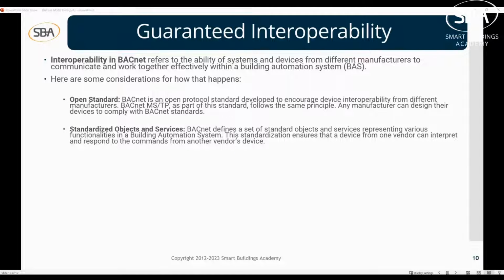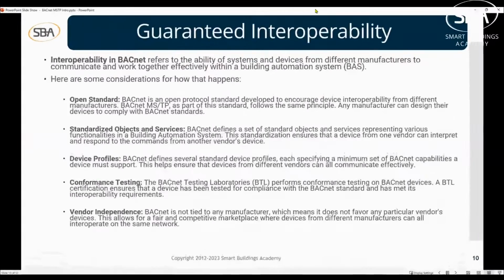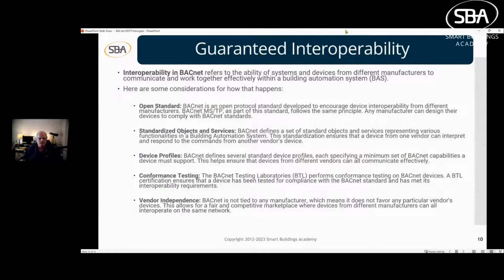Standardized objects and services. Now, we looked at objects and services just a moment ago. This is pretty much the beginning of understanding how MSTP works and what it does and how it communicates.